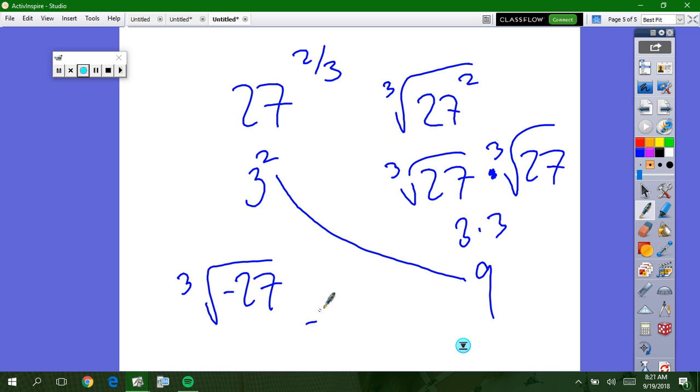Negative 3. And that works because negative 3 times negative 3 times negative 3 is negative 27, right? Does that make sense how it can be a negative with a cube or an odd root? Yes, yes, yes? Okay.